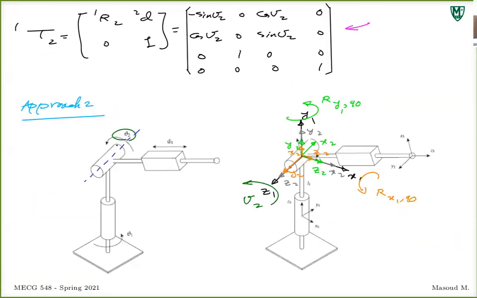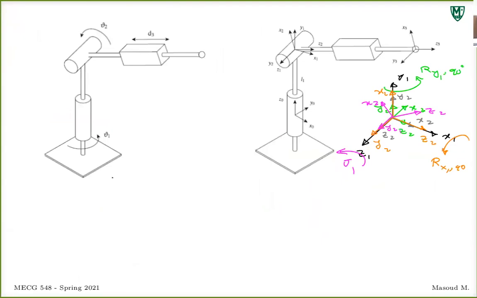So let me just write down the steps, 1, 2, 3. That's the color code I was using. So basically, step 1, I did a 90-degree rotation about y1, right?